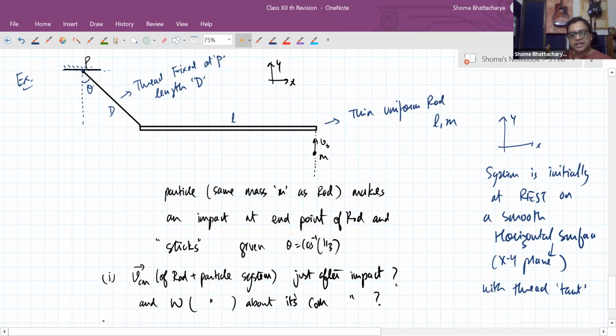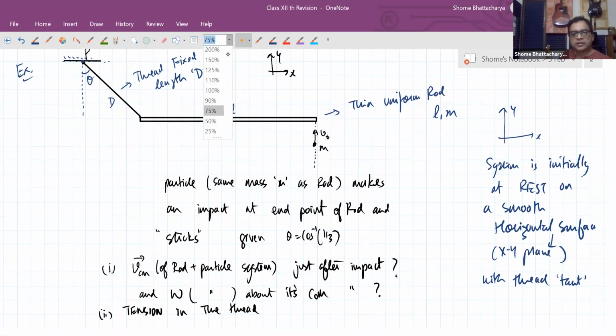Then for the second part, we'll calculate the tension in the thread just after impact.